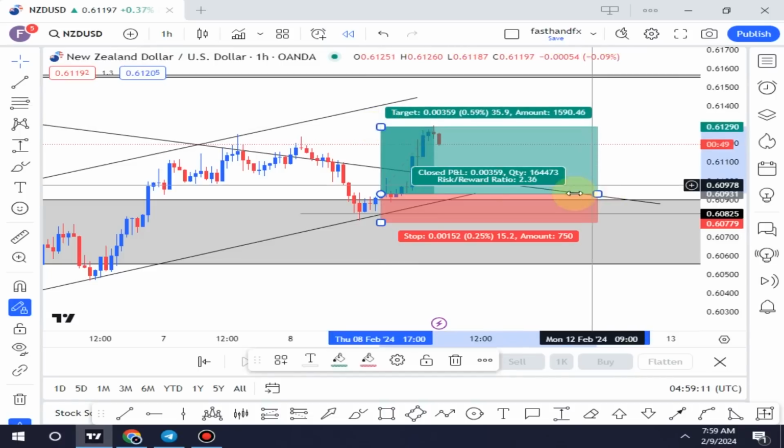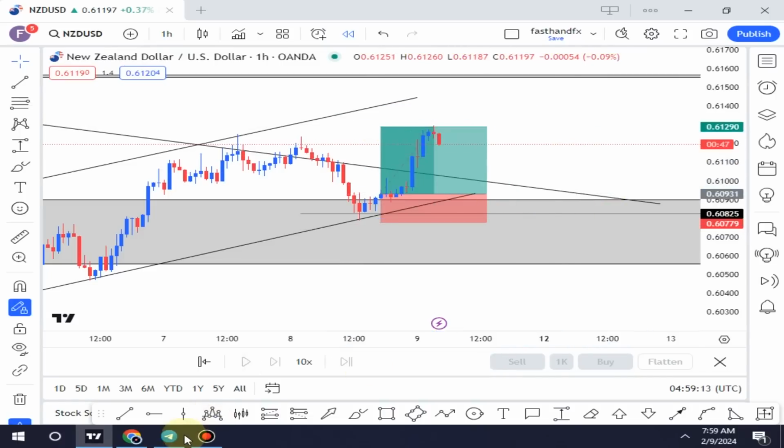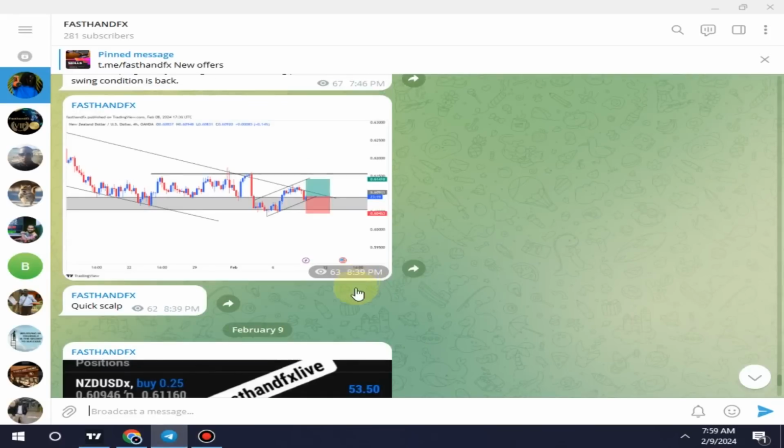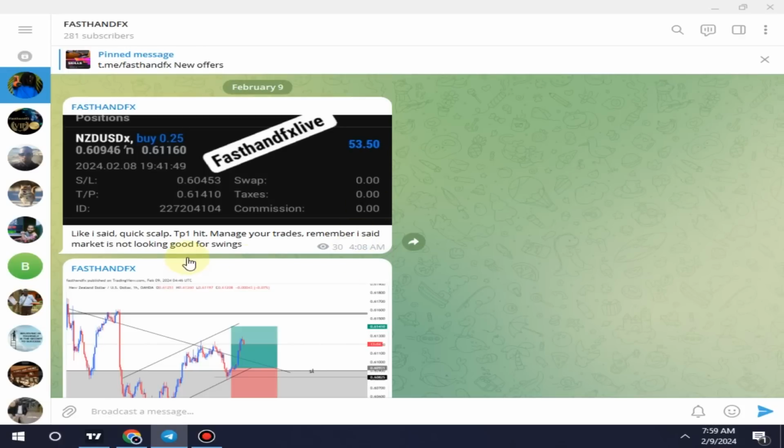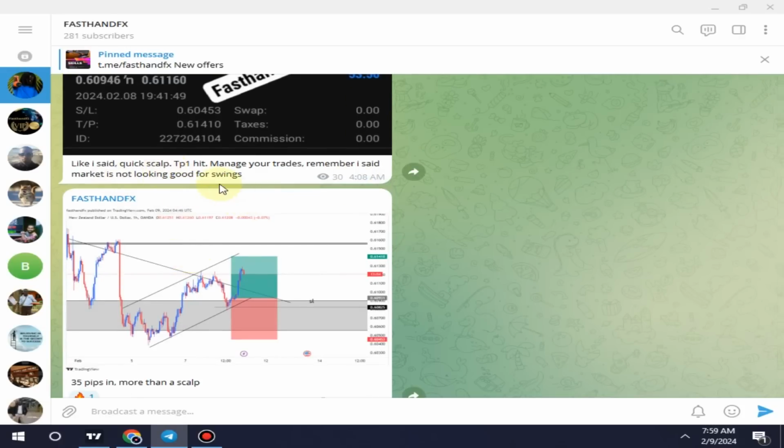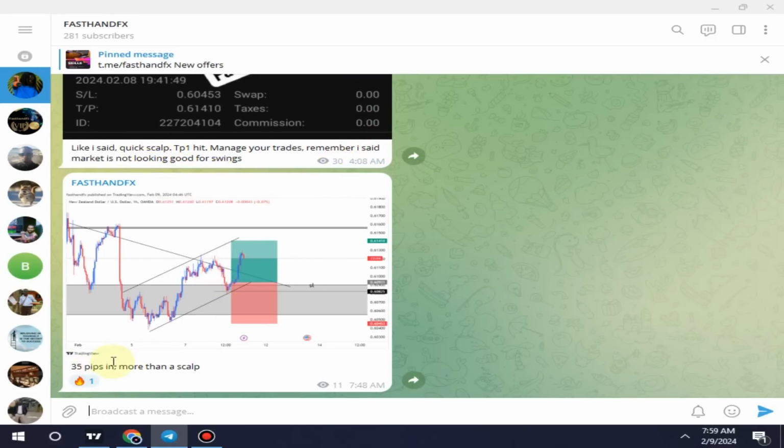Something like this. Okay, so now if you see, I told my gang, yo, this is my final account. I was scalping as usual. So I said, yo, like I said, it's a quick scalp and TP1 has been hit. Manage your trades. Remember, I said market is not looking good for swings. So, yo, 35 pips in, more than a scalp.